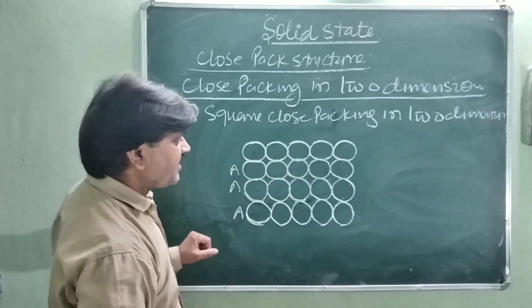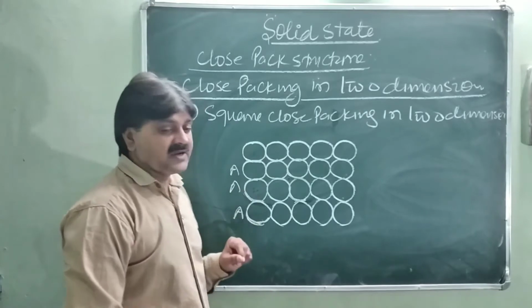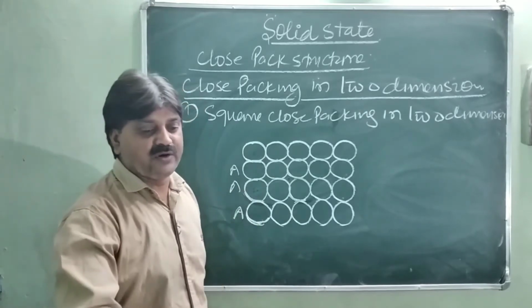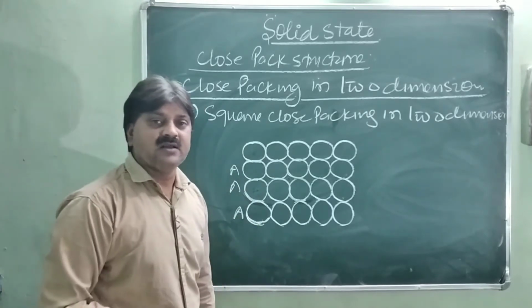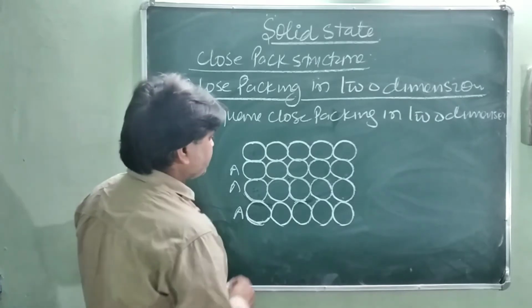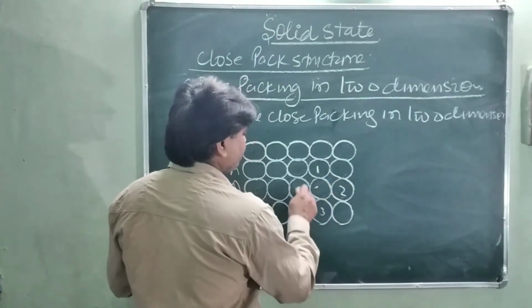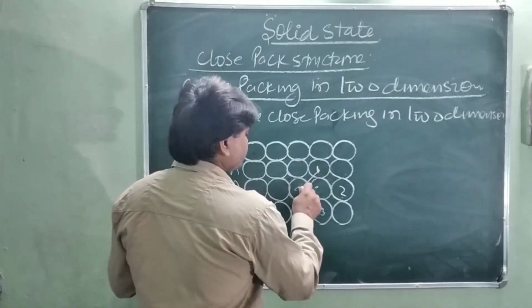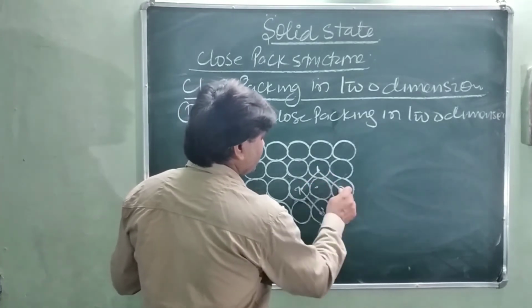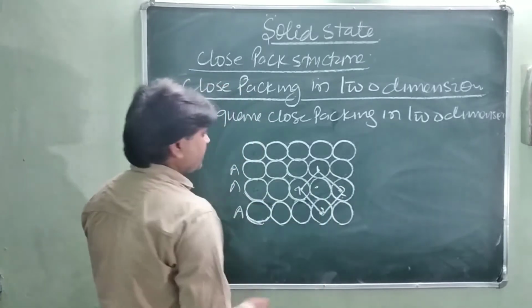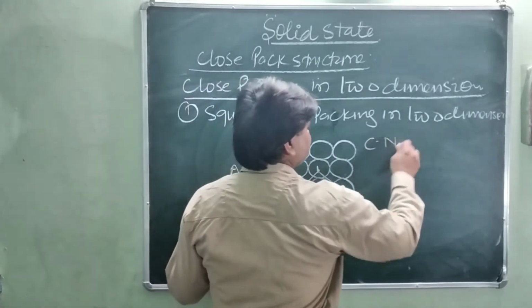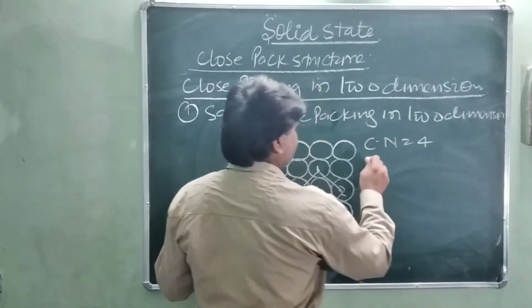One atom is situated with four atoms, 1, 2, 3 and 4, so it is called square close pack. So the coordination number is 4.